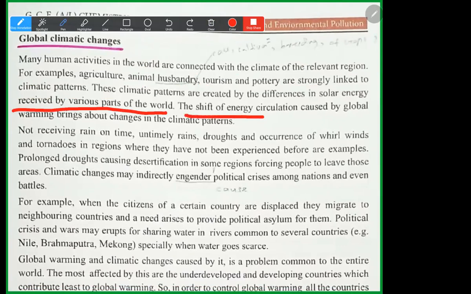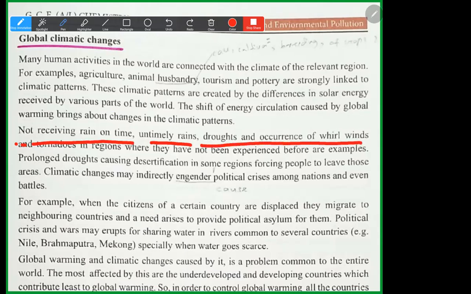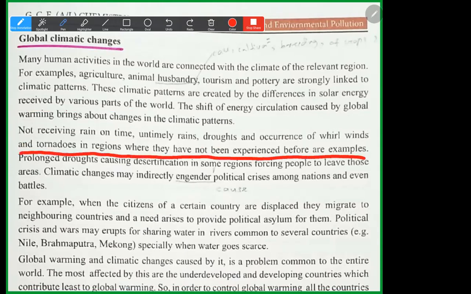The shift of energy circulation caused by global warming brings about changes in the climatic patterns. Not receiving rain on time, untimely rains, droughts, and occurrence of whirlwinds and tornadoes in regions where they have not been experienced before are examples.